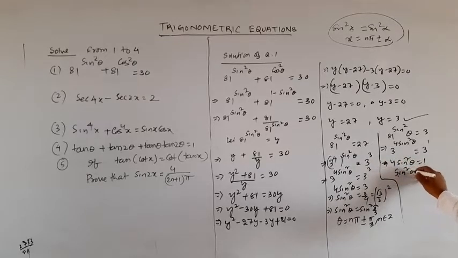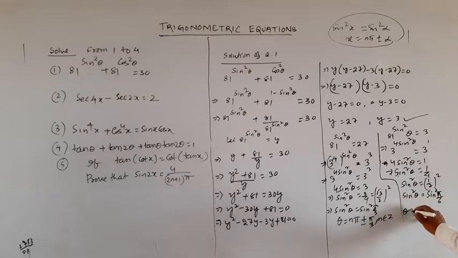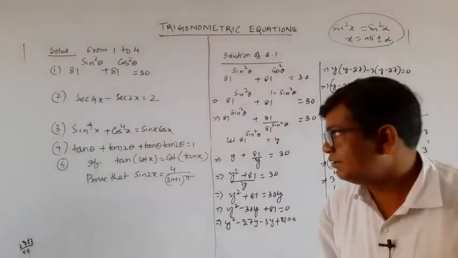So sin square theta is equal to 1 by 4, or sin square theta is equal to 1 by 2 whole square, which means sin 30, so sin square pi by 6. So theta is equal to n pi plus or minus pi by 6, n belongs to Z. This is the solution of question number 1.